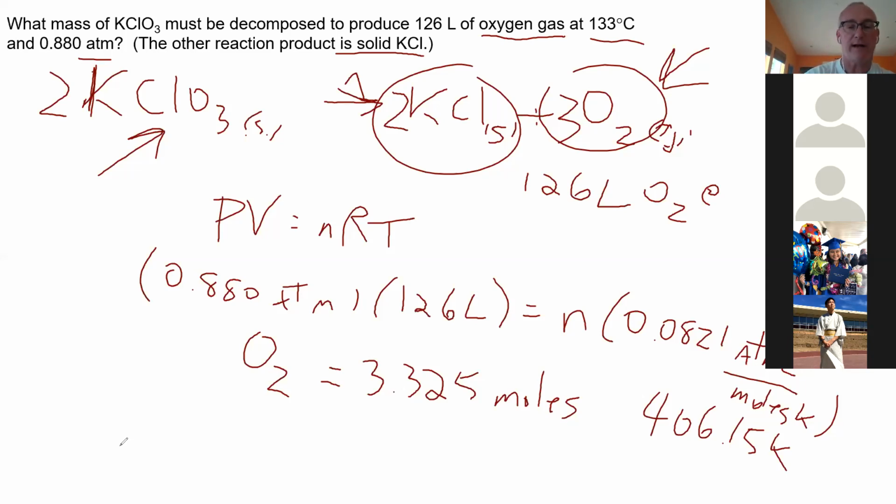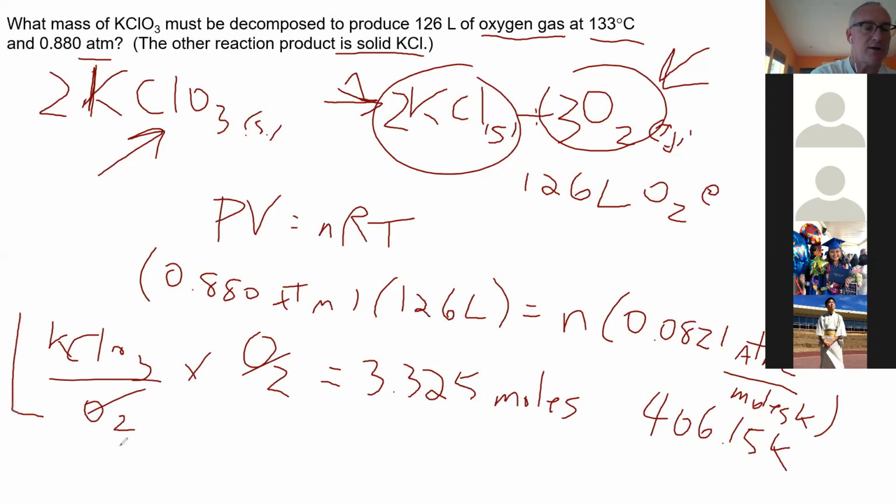Because we have moles of oxygen and we want moles of perchlorate. So what I want is the ratio of perchlorate to oxygen, because when I multiply, my oxygens will go away and I'll be left with perchlorate. So what's my ratio here?